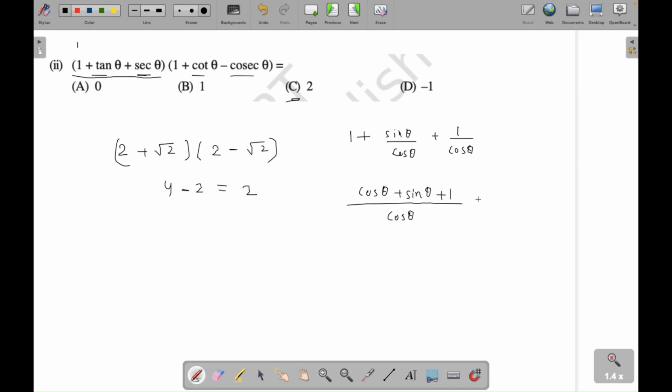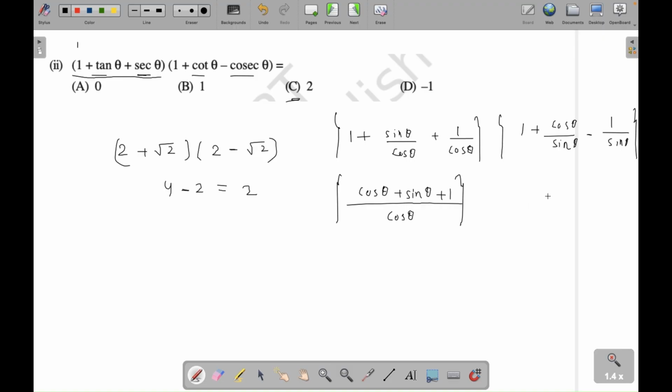The right hand side will get multiplied with 1 plus cot theta, which is cos theta upon sine theta, and then minus cosec theta, which is 1 upon sine theta.